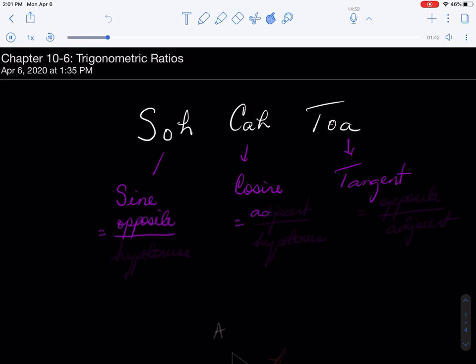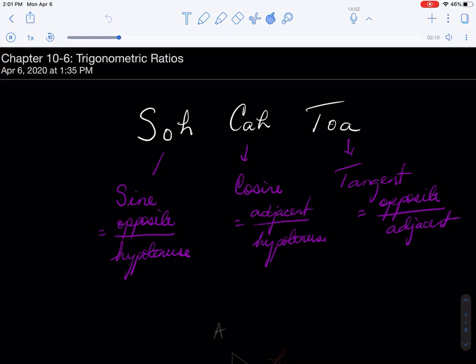It's not over adjacent, it is the hypotenuse. And for cosine, it is the adjacent over the hypotenuse. And tangent, it is opposite over the adjacent.